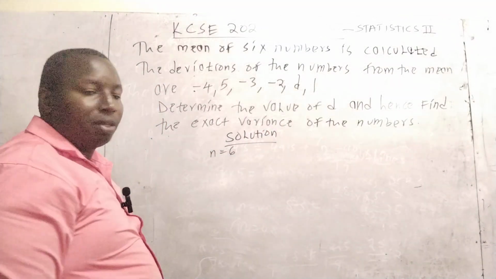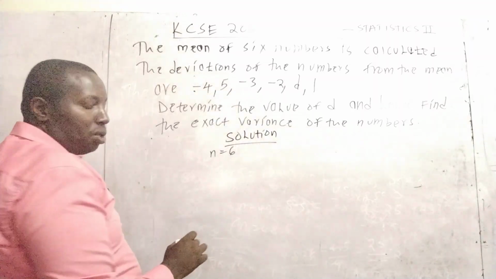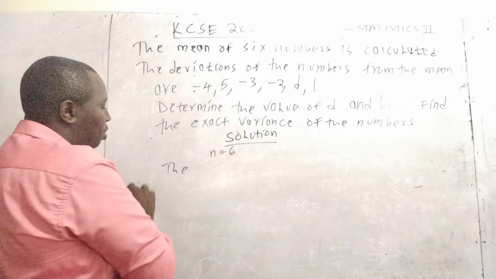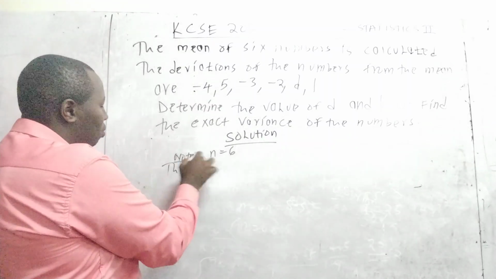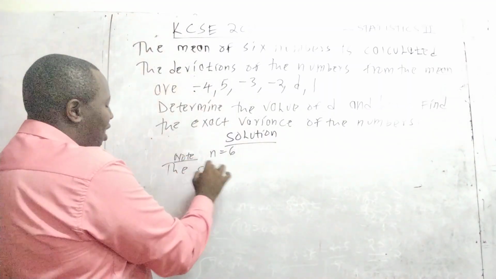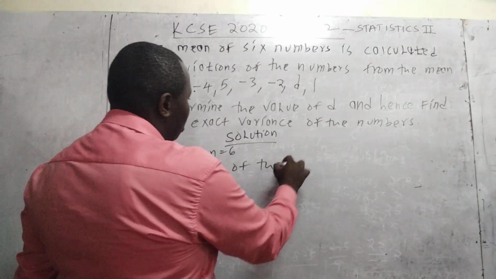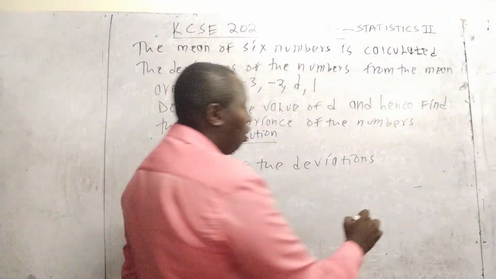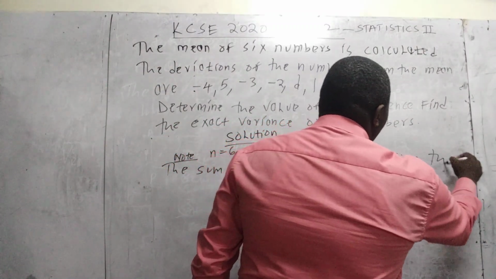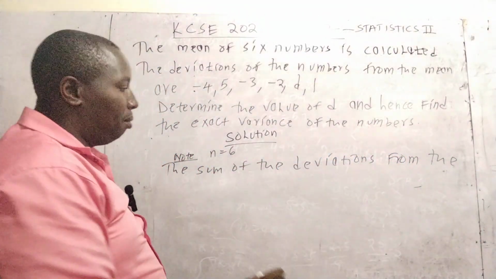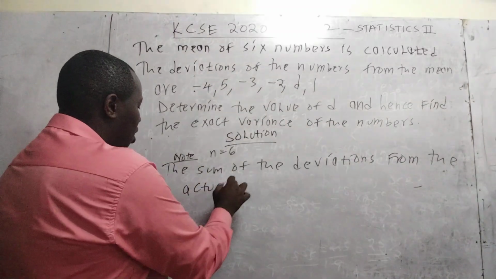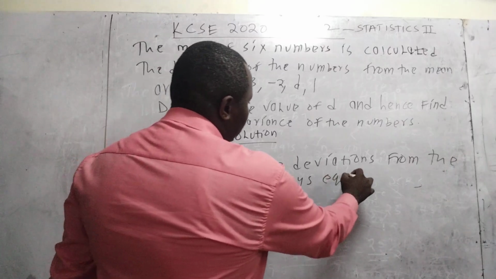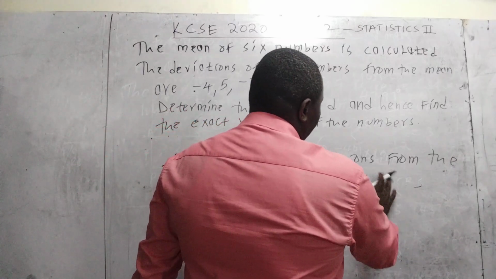There are 6 values. Therefore, the given values are deviations from the actual mean. Something that you need to note when you want to calculate this is that the sum of the deviations from the actual mean is always equal to 0.